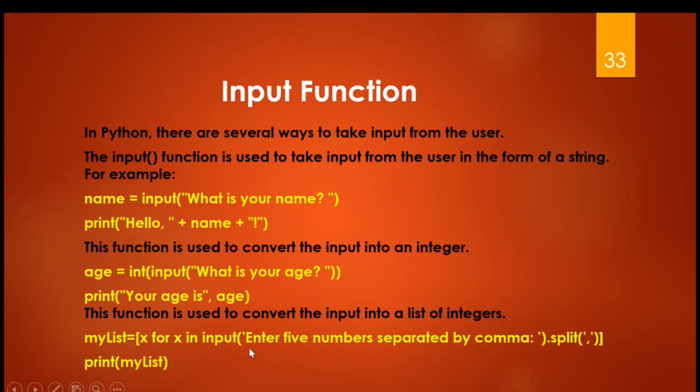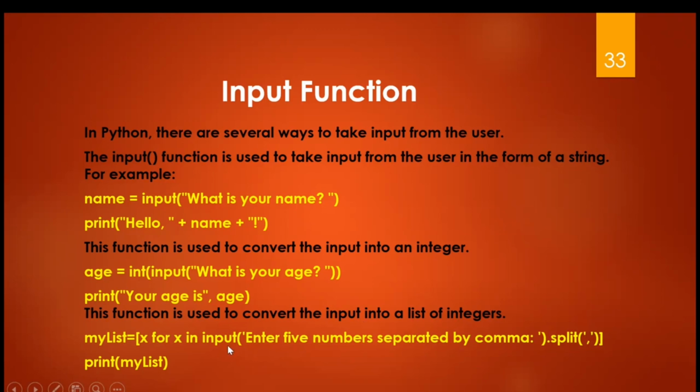Then there is a third thing we studied: if you want to input a set of numbers as a list in one line. In the previous examples, you will be prompted only once to enter the input, so you can only input one number. But if you want to input multiple numbers, you first input them with a separator, which you mention with split.